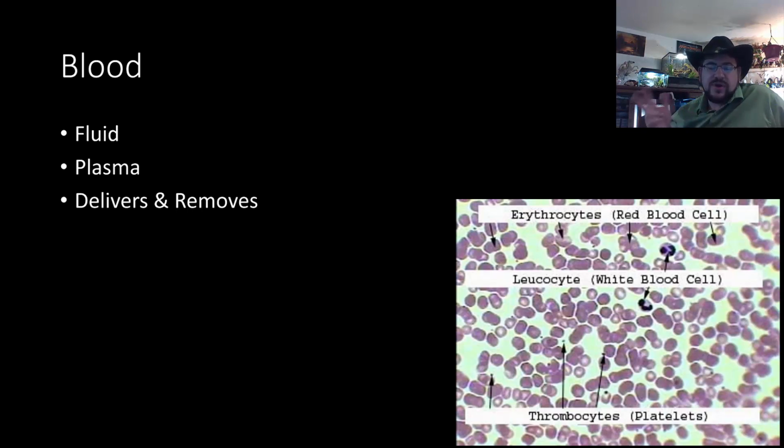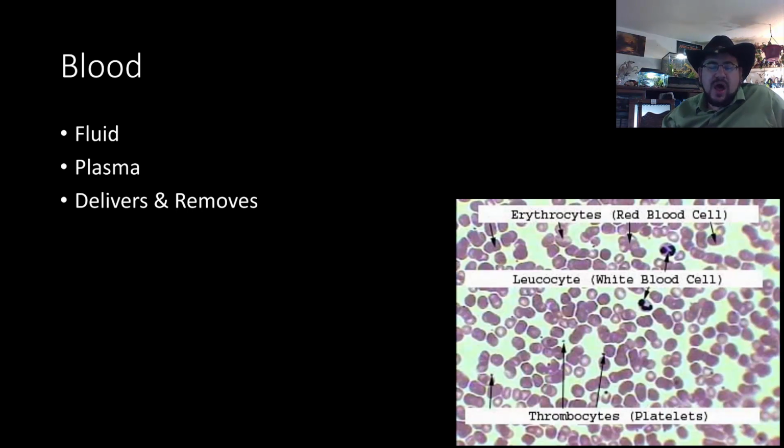It delivers those three throughout the body. At the same time, it removes waste produced by the cells and takes it to the parts of the body where the waste is expelled. So it delivers signals, oxygen, and nutrients, and it removes waste.